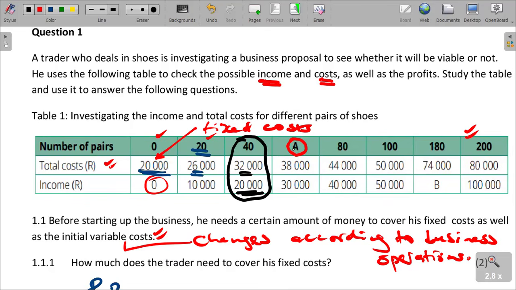We must calculate A by saying total income divided by the selling price of one pair. A is equal to total income made divided by the price per pair. That's how we can get A.